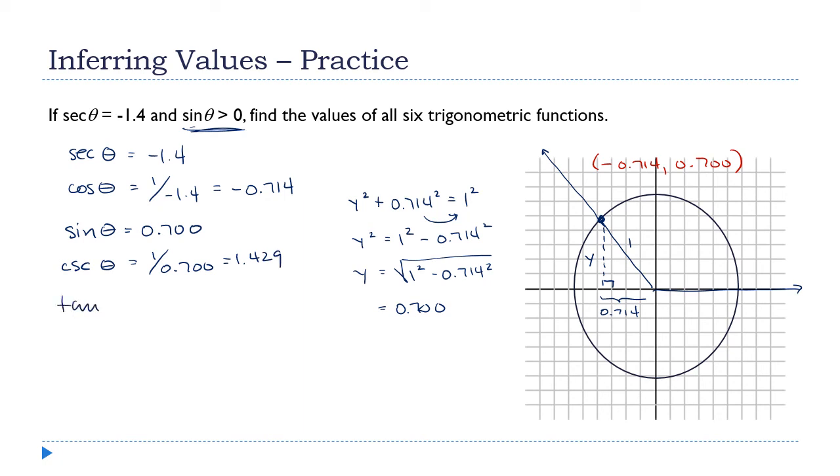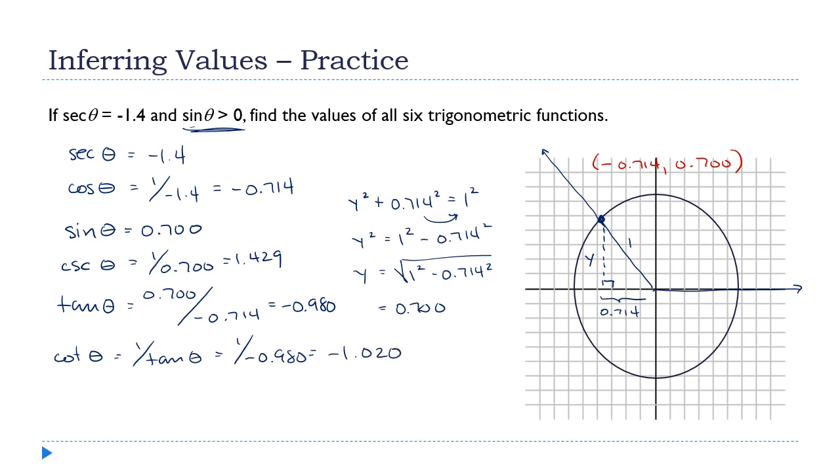The tangent is the sine over the cosine, so that's 0.700 divided by negative 0.714, which is negative 0.980. And finally, the cotangent is 1 over the tangent, 1 over negative 0.980 is negative 1.020. And that's it, right? That's all there is to it. There's my 6 values for this function.